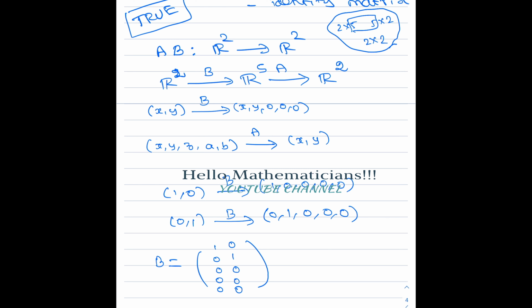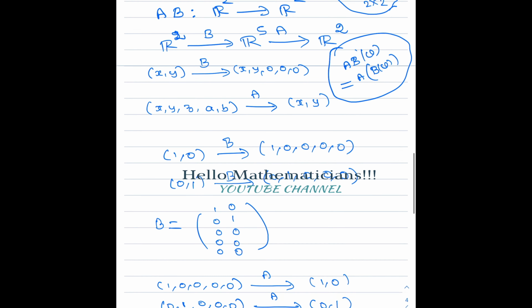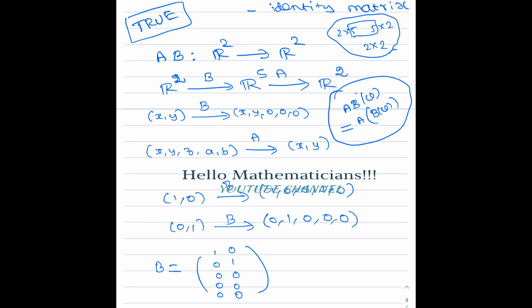Now, how does AB act? If you put a vector V on AB, first you apply B, then A will act on B of V. So first B is a map from R2 to R^5.